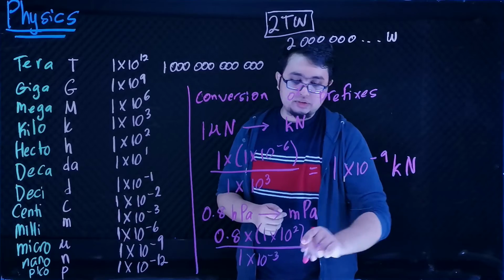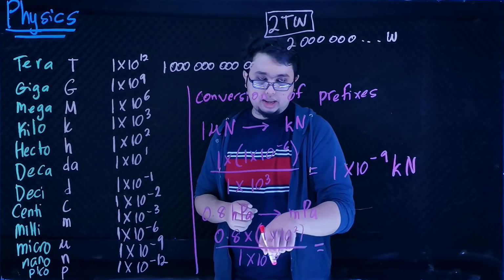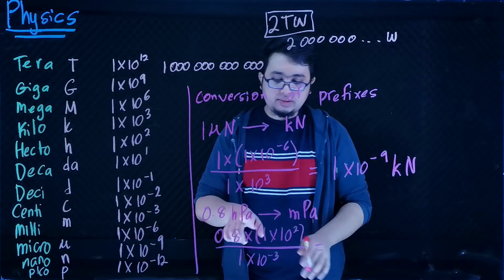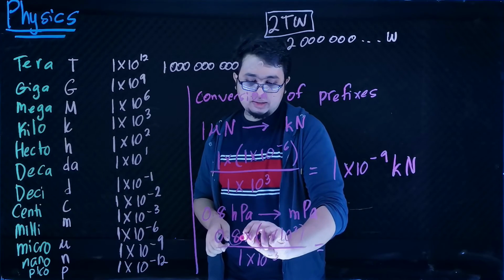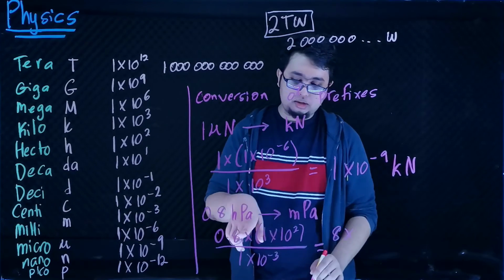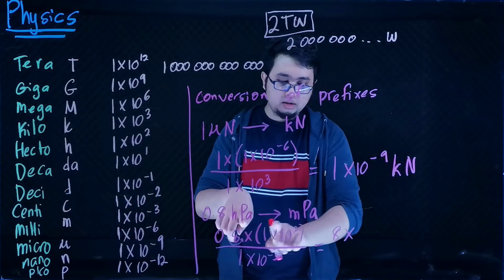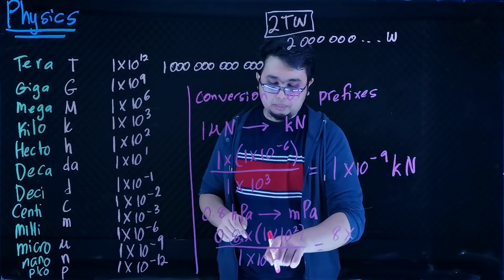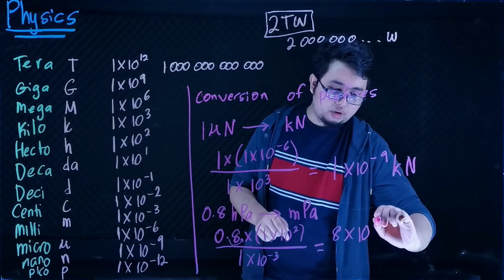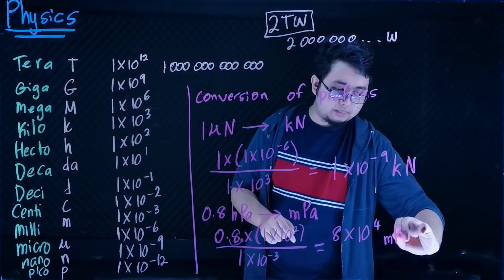So when we divide this, 2 minus negative 3, you're going to get 2 plus 3, which is 5. Now this decimal can be moved to the right. You're going to get 8 times 10 to the power of 4 millipascal.